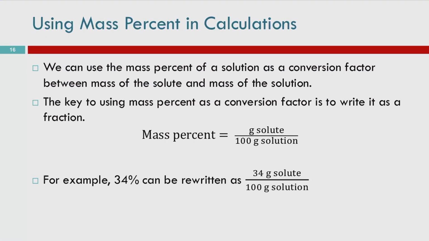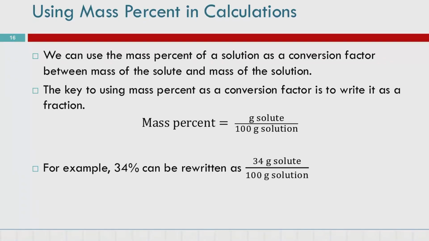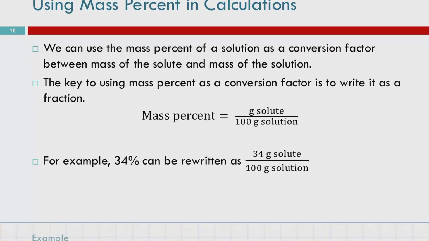If we want to use mass percent in calculations, we can use it as a conversion factor if we're given it. The key is remembering to write it as a fraction. So 34% mass percent can be rewritten as 34 grams of solute per 100 grams of solution. You could also write it as 0.34, which would be the same as 34 divided by 100.